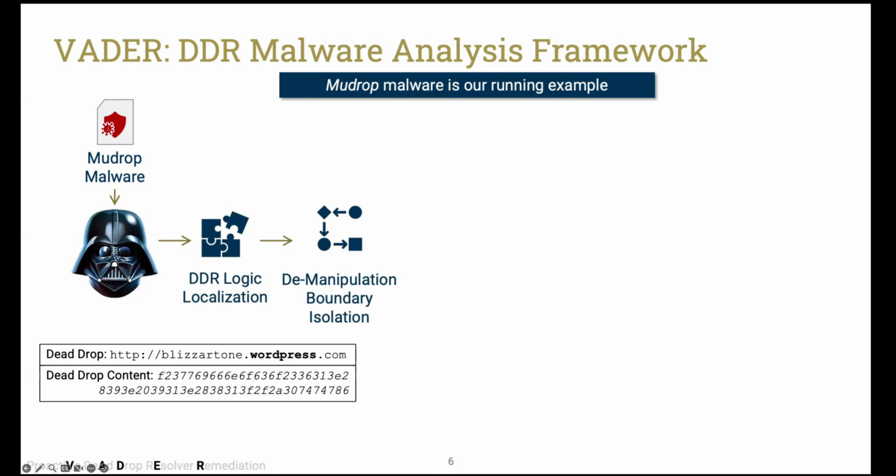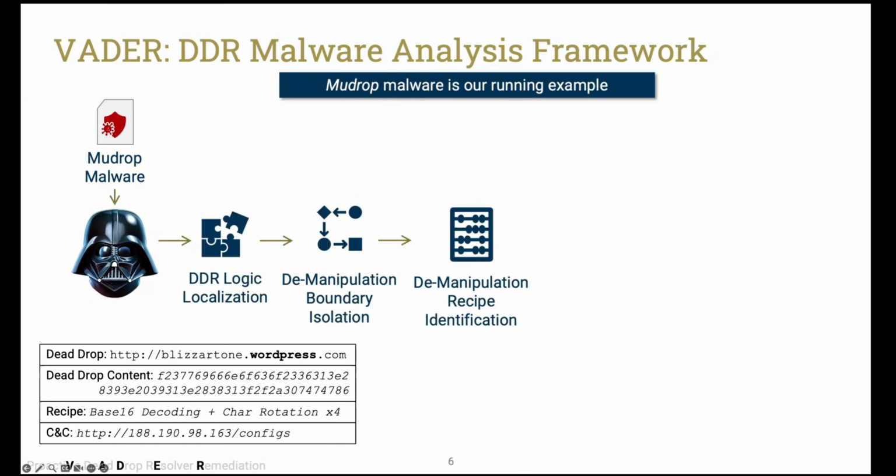Next, VADER conducts demanipulation boundary isolation to identify the regions where demanipulation occurs in the binary. So given these identified regions, the symbolic expressions derived during malware analysis are extracted for demanipulation recipe identification. In this case, VADER identified base 16 and character rotation used to decode the dead drop content.